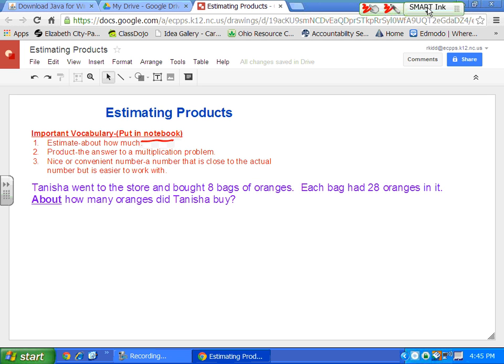So when we are estimating products, we're finding about how much. And product. Product is the answer to a multiplication problem. So we're trying to find about how much is the answer to a multiplication problem. Not the exact amount, but an about how much, an estimate.